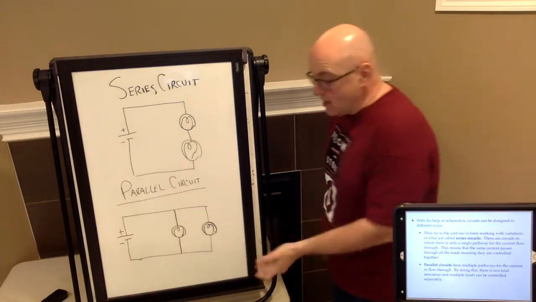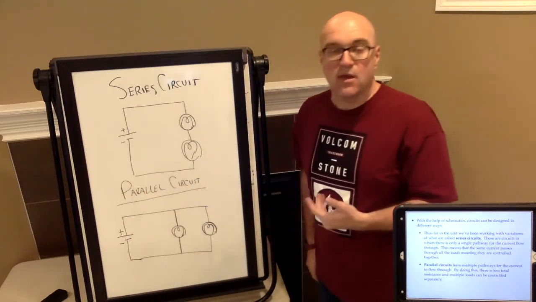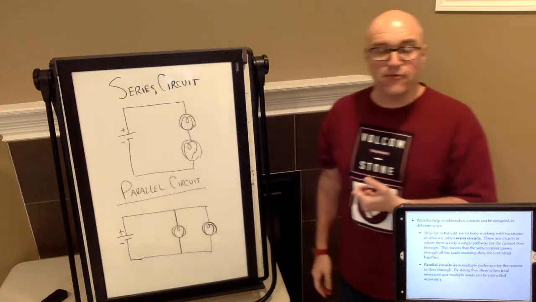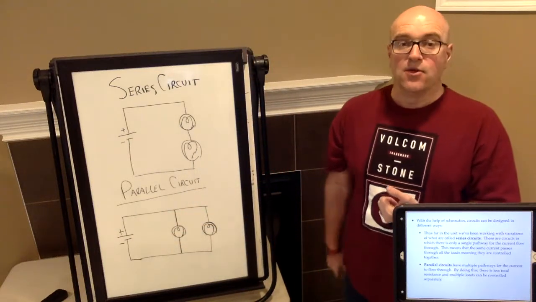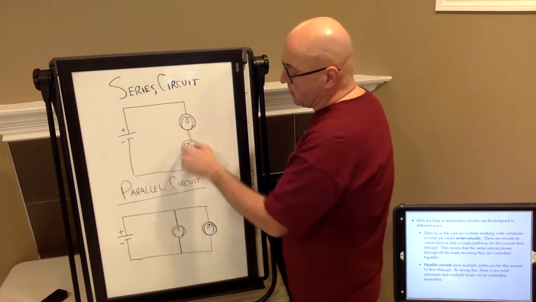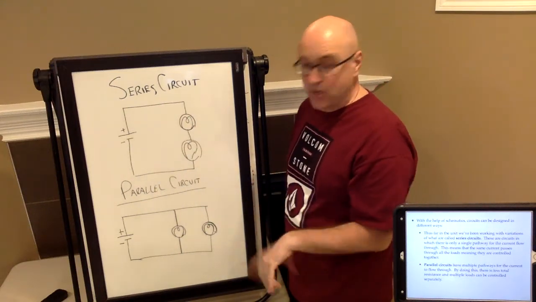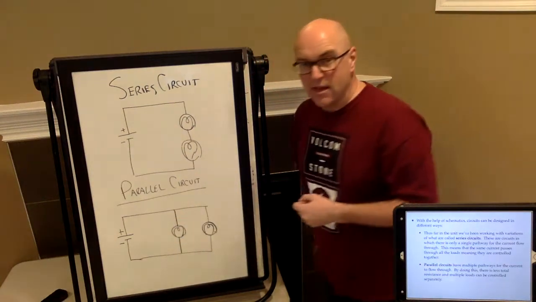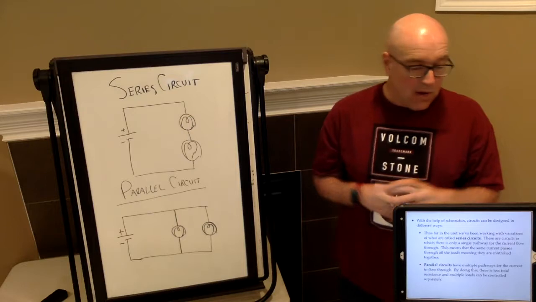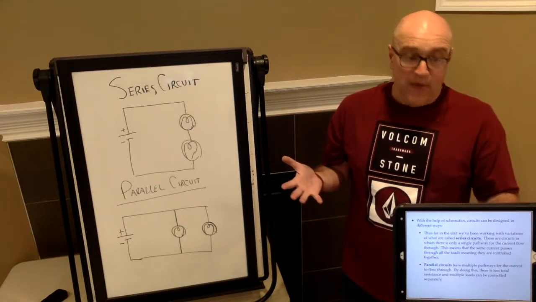In any case, a parallel circuit means that the electrons have more than one choice of which direction to go. So on my series circuit, I've got 2 lights in a row on the same section of the circuit, whereas here I've got 2 lights wired in a parallel configuration. Now, why do you do that?